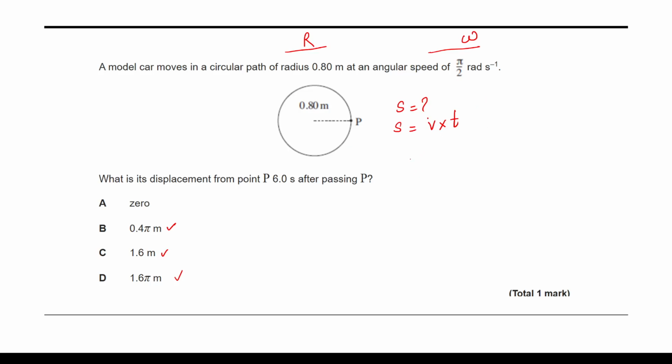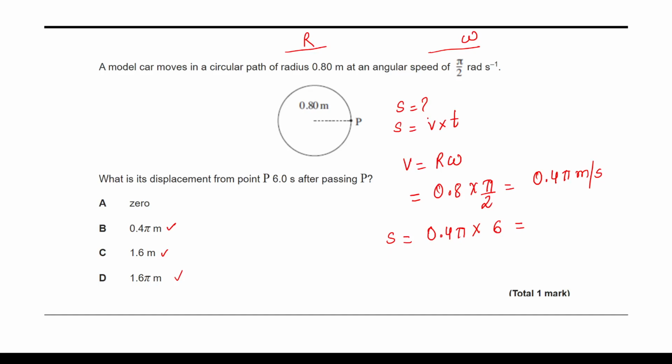Now I need to find V. V is R omega. R is 0.8, omega is pi over 2. So this is 0.4 pi meters per second. And then I need displacement. So displacement is 0.4 pi times 6.